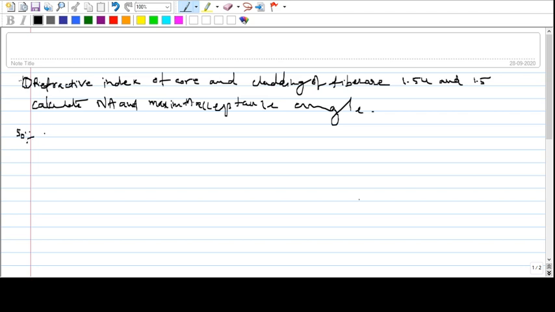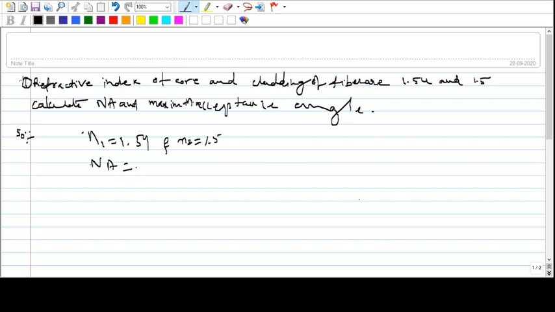In this given problem, the refractive indices of the core and cladding are given, that is n1 and n2. n1 is 1.54 and n2 is 1.5. Now I am calculating the numerical aperture.